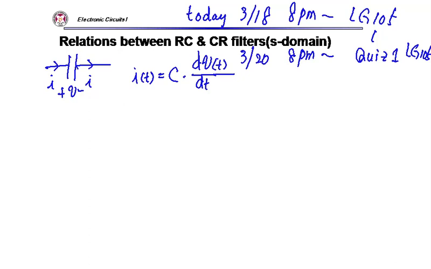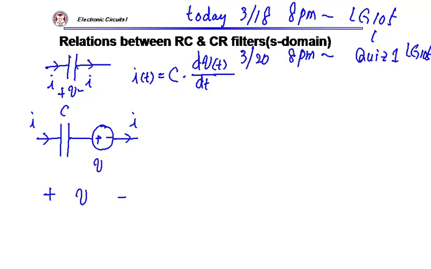So if I have an initial condition here, then I can replace this one by this, right? This is my voltage, and then I have I there. So this voltage is just the initial condition, right? Just the initial condition.